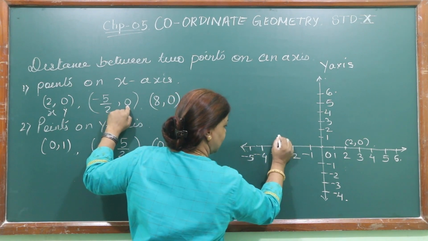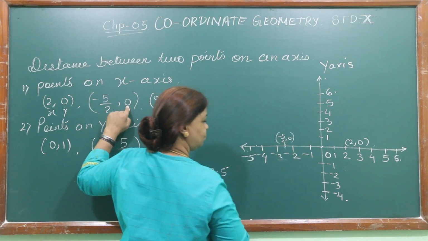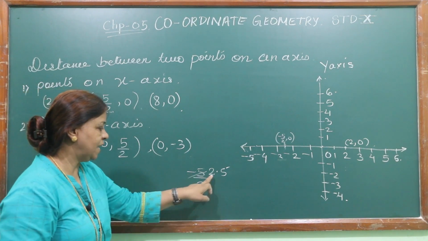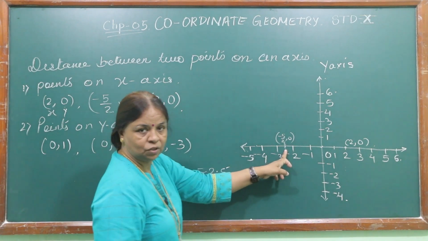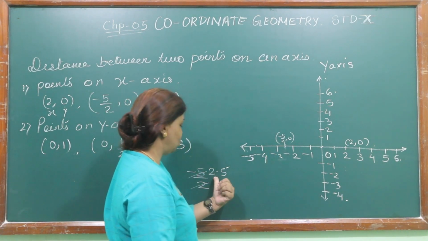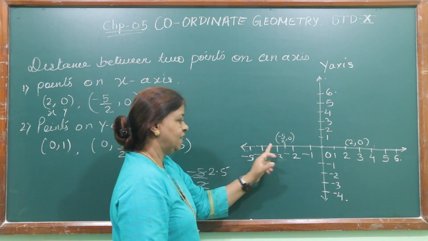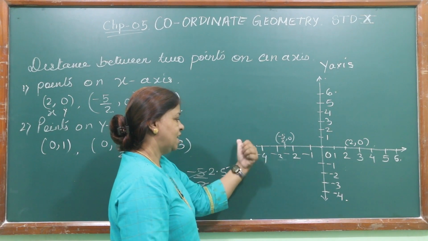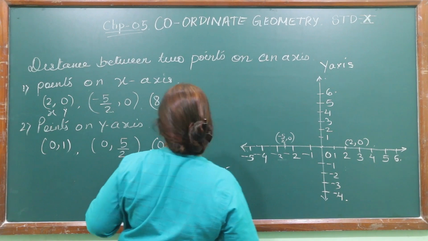So this will be (-5/2, 0). When I divide -5 by 2, I get 2.5, and 2.5 is somewhere here. 2.5, then -2.5, then -3, then -3.5, then -4, then -4.5, then -5. Okay.